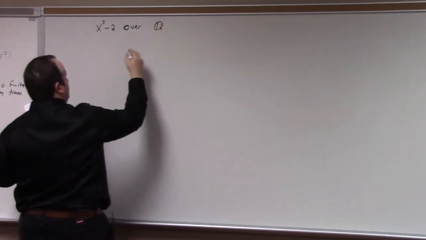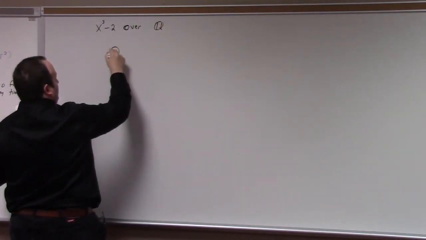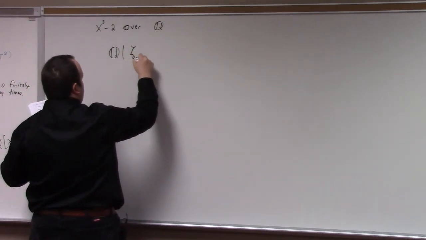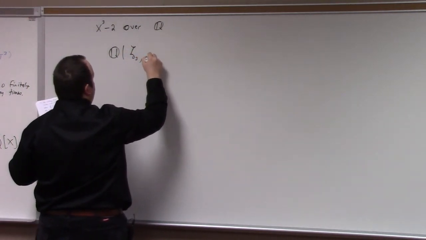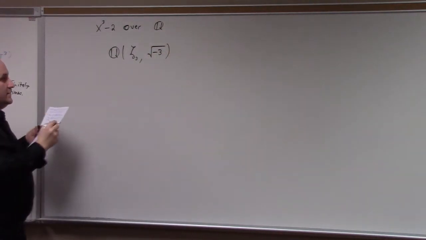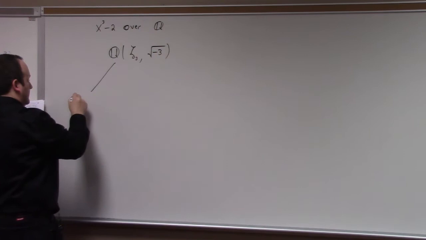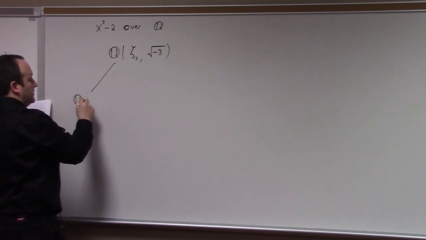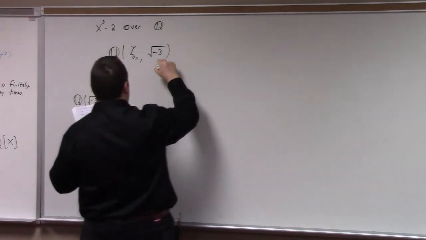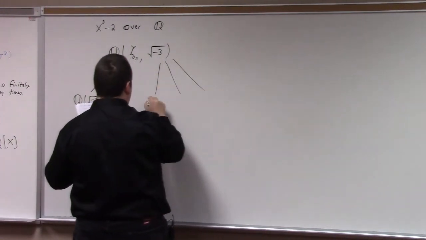And we figured out that the splitting field of this is elegantly written as Q adjoin the third root of unity and the square root of minus 3, basically, right? And over this, we have subfields. We have Q adjoin the square root of minus 3, and then we've got these guys, right?